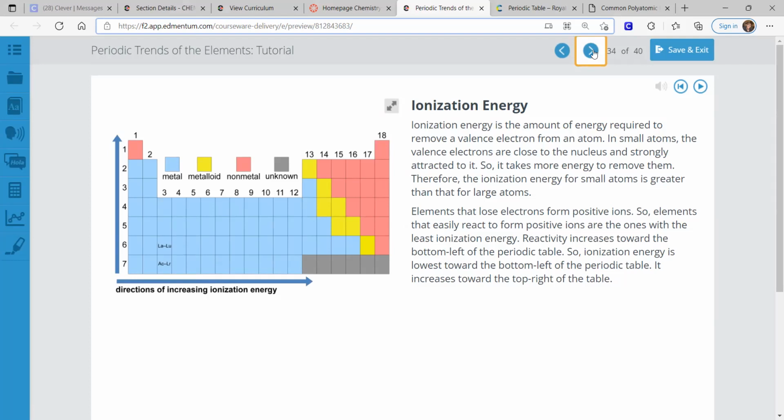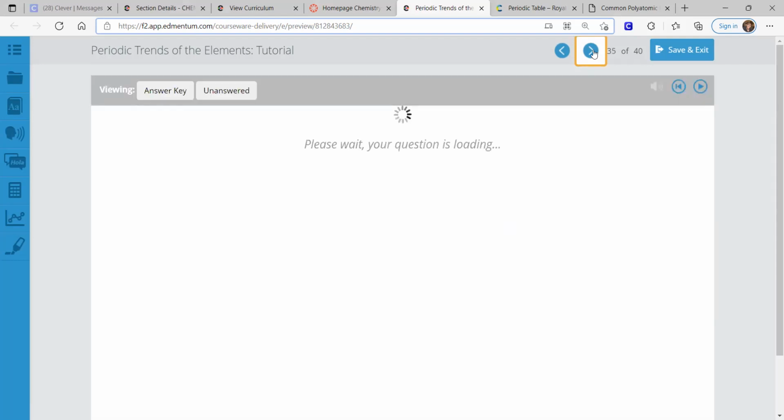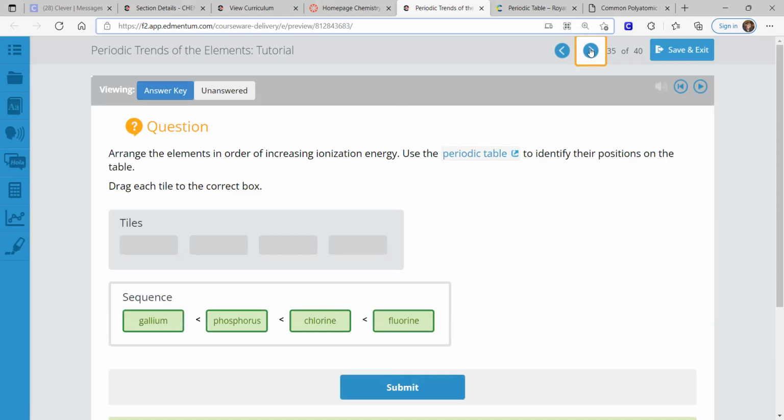Here's the sequence for this: gallium, phosphorus, chlorine, and then fluorine. Okay, increasing ionization energy. Gallium is lower, or well, here, I'll show you.